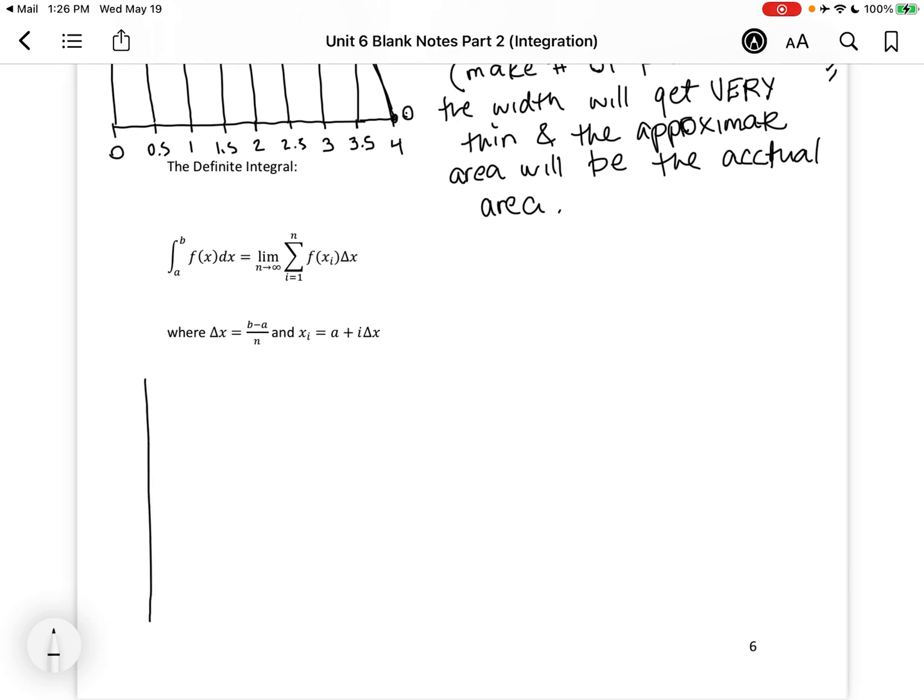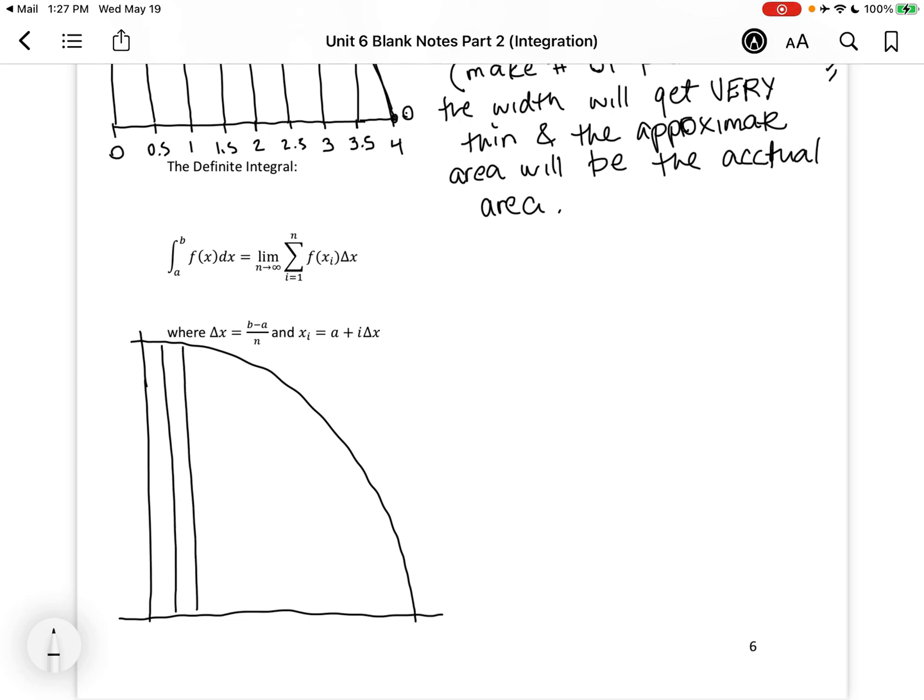I'm going to use the same example that we've been using the whole time, breaking this up into many, many little partitions. You have to imagine, even though I've drawn them with some width, that they're paper thin.